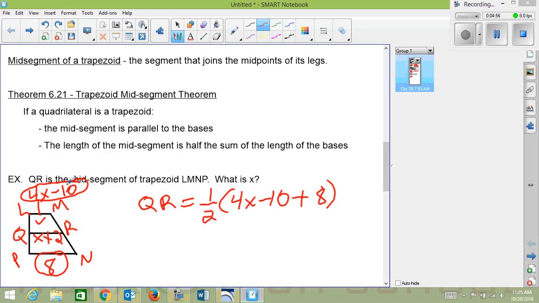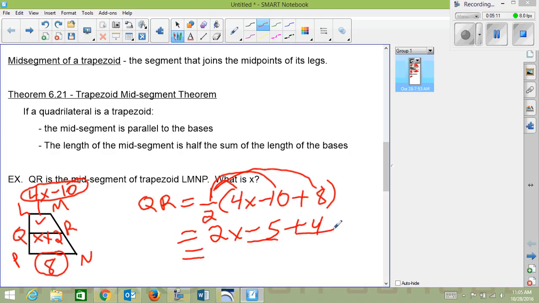I need to figure out what half of all that is, so I'm going to distribute the 1/2. Half of 4x is 2x, half of 10 is 5, half of 8 is 4. Combining this, minus 5 and plus 4 would be 2x minus 1.